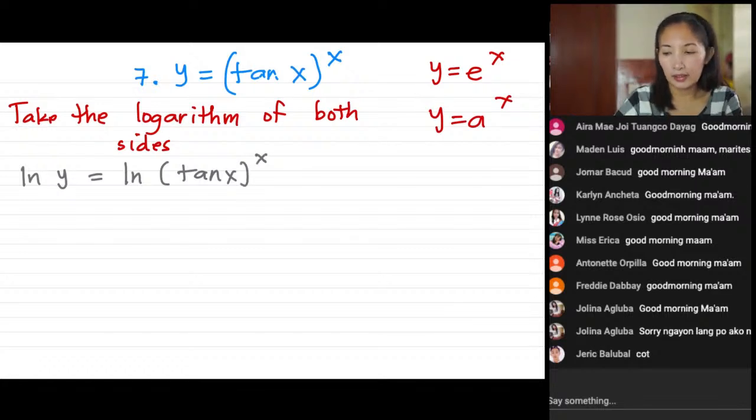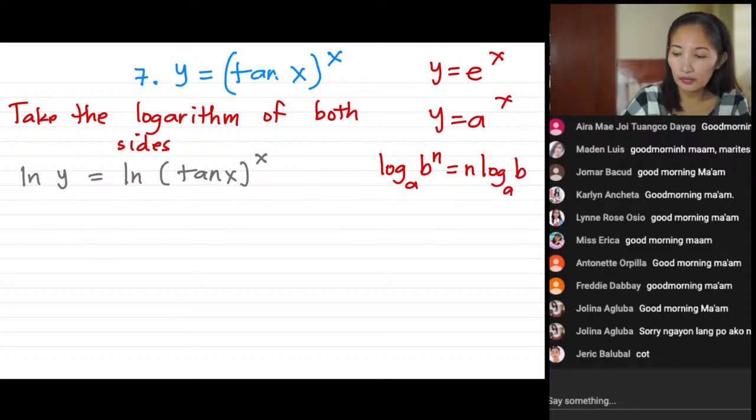Again, recall from your logarithm properties, log of b raised to n to base a is equal to n times the logarithm of b to base a. So if we apply that here, what happens to the exponent x?